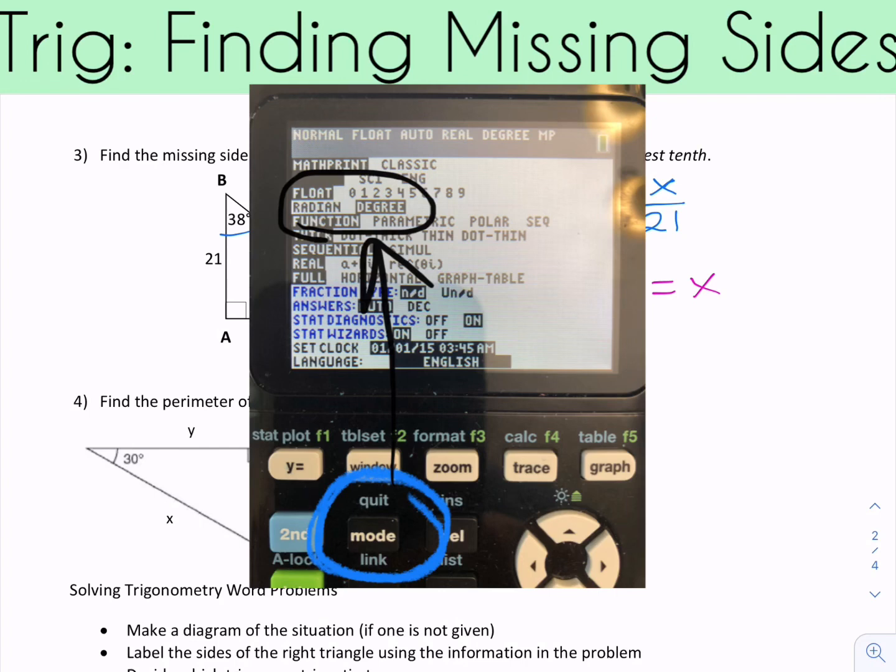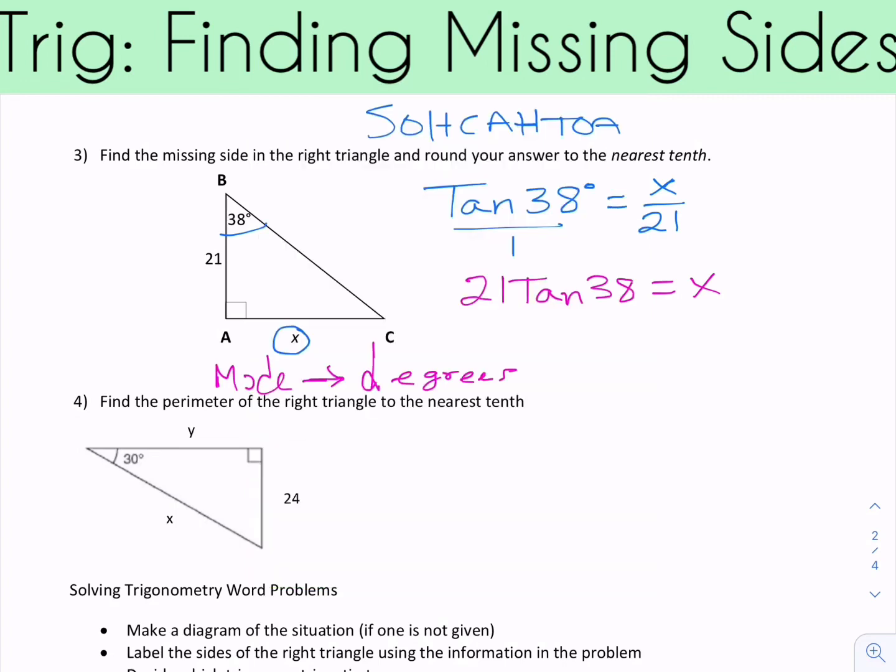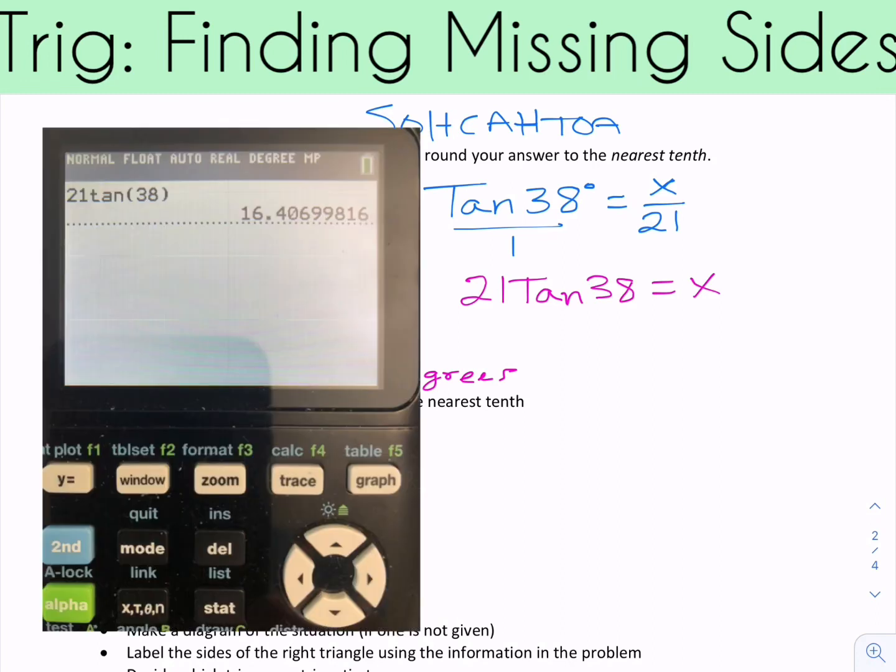So make sure your calculator is set for degrees. What you need to plug in is 21, tan, there's a tan button, and then 38, and you hit enter, and your calculator is going to give you a solution, 16.4 to the nearest tenth.